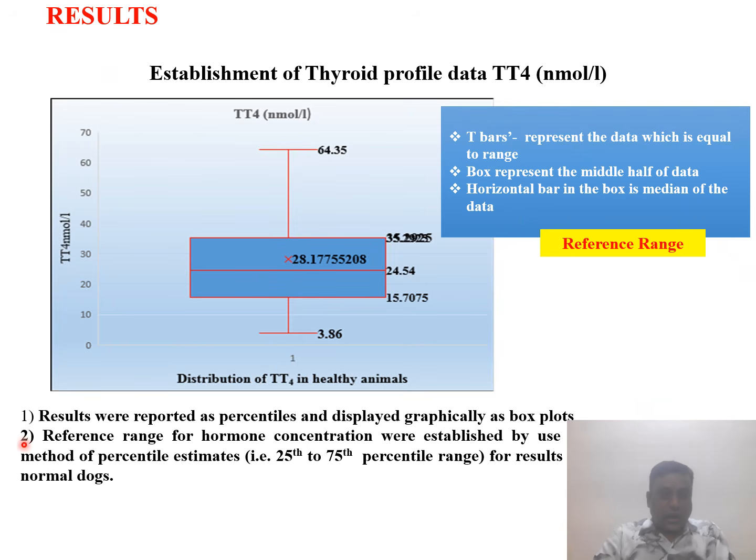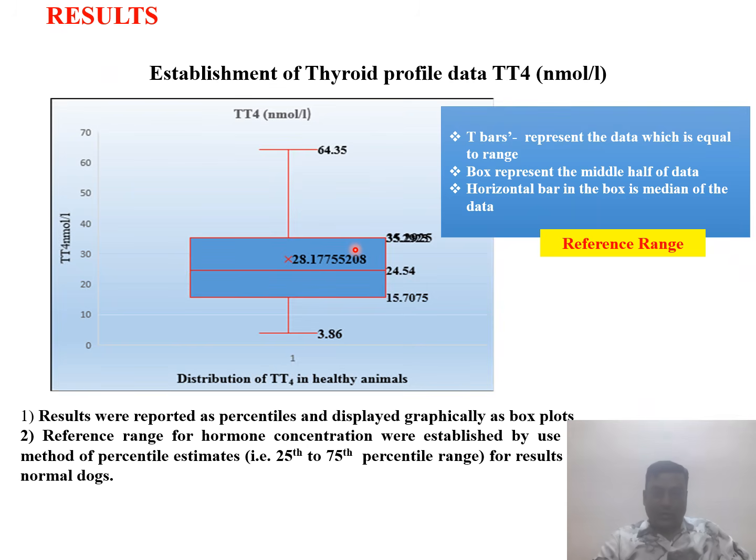The reference range of the hormone concentration was established using the non-parametric method of percentile estimation, 25th to 75th percentile. So 15.70 to 35.29 is the reference range for us, 24.54 is the median, and here we can see 28.17 is the mean of total T4.